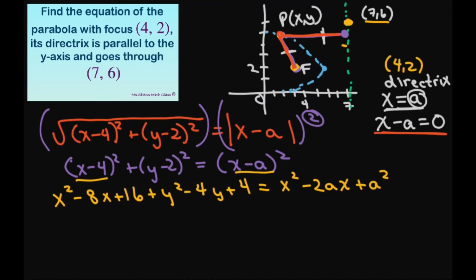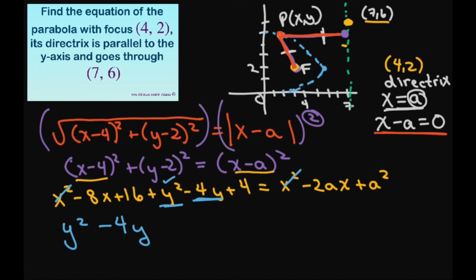All right, let's see what happens. The x squares cancel. Let's go ahead and write our y squared. We're going to move everything to the left-hand side, so you get y squared. So that takes care of this. And then for y, we have minus 4y.